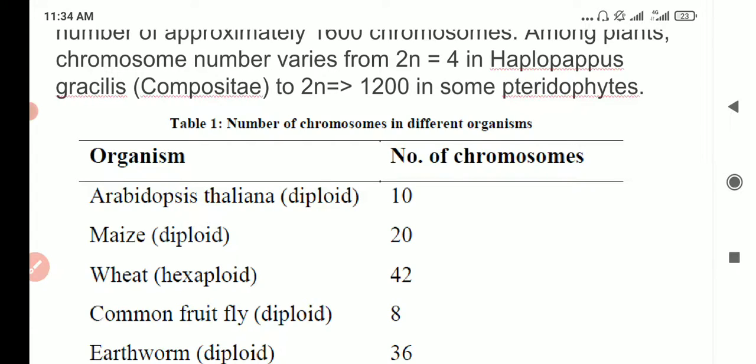Isn't it weird how the higher plants have lower numbers of chromosomes? Like these beautiful flowers, the Compositae family, they have fewer chromosomes, and the lower plants, the pteridophytes, the ferns, have so many, around 1200.